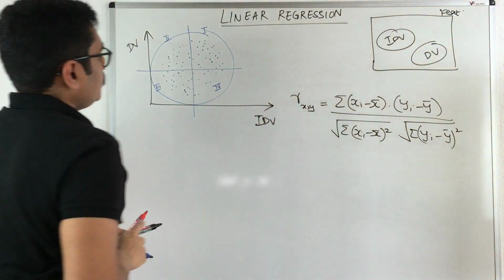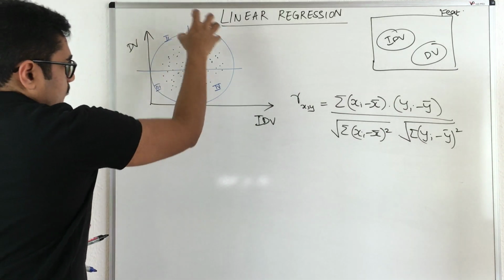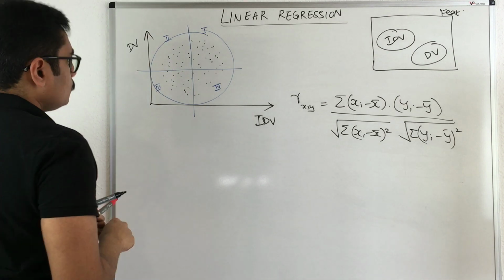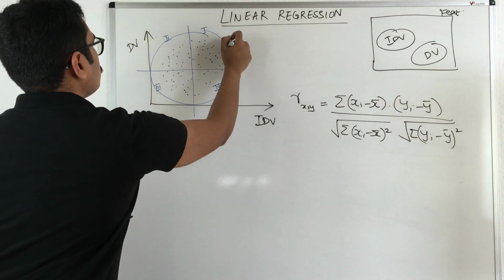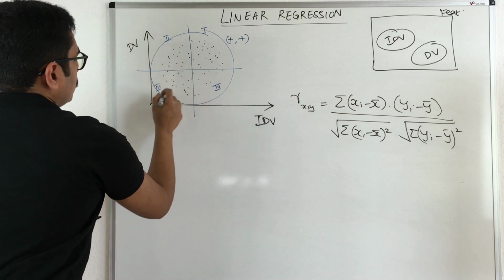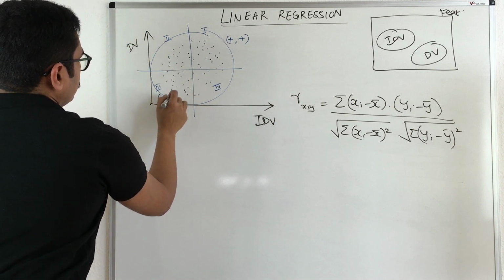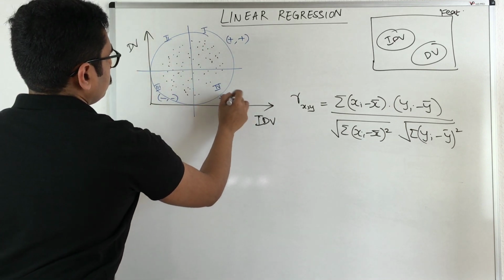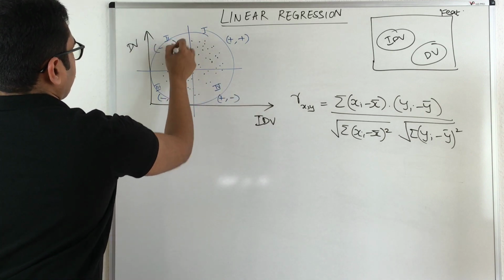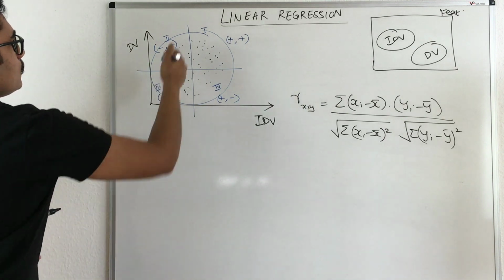Now we need to estimate the area for each of these points. In this quadrant you have everything positive and positive. Here you have negative and negative. Here you have positive and negative, and here negative and positive. That is simple.